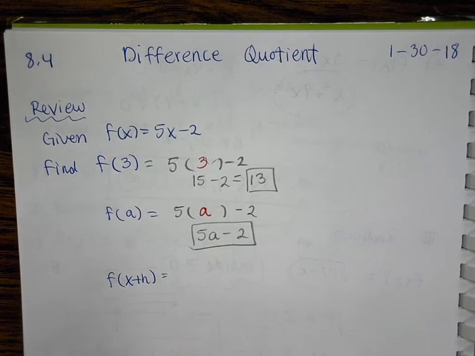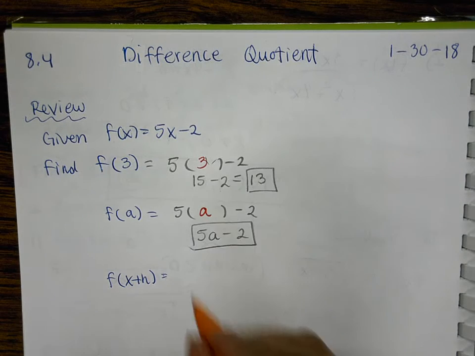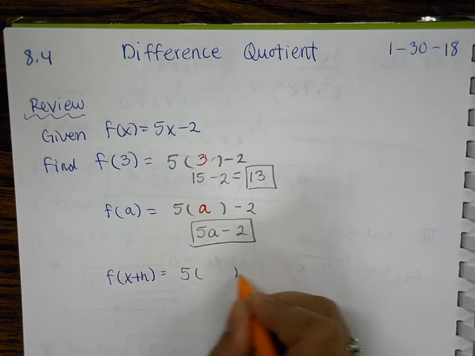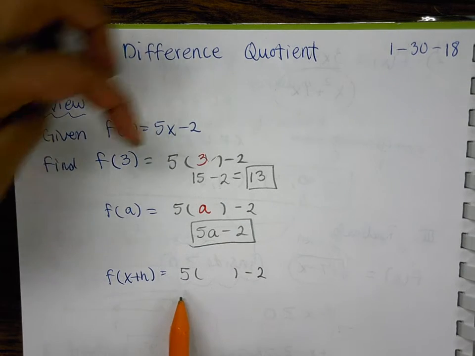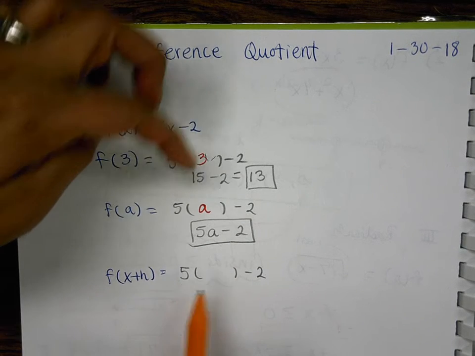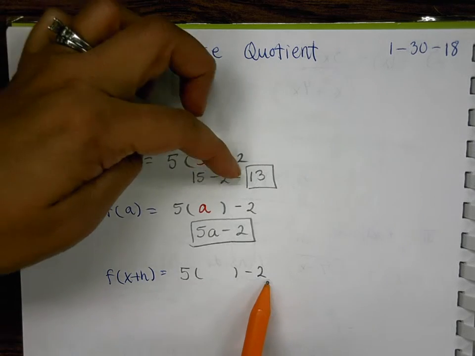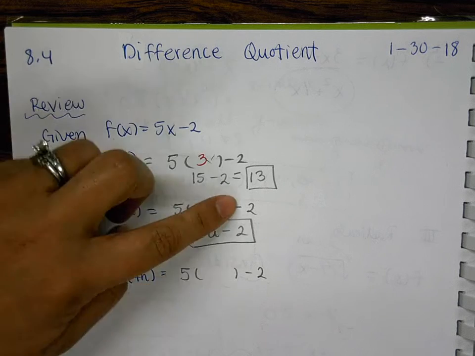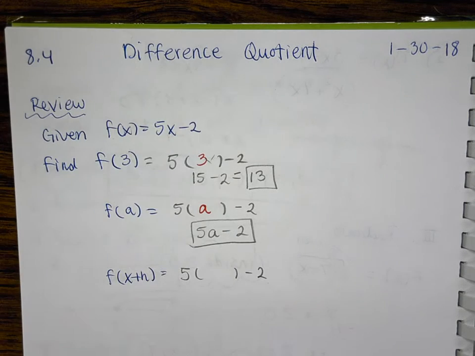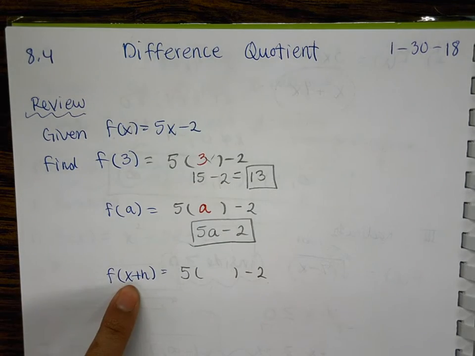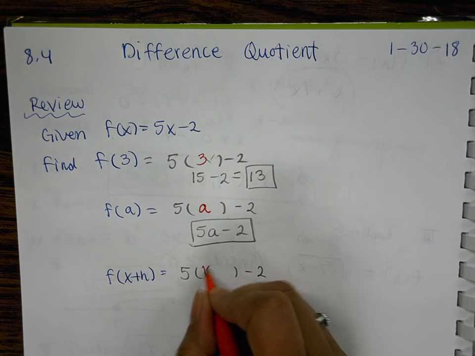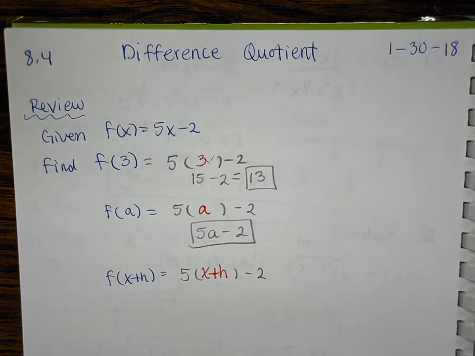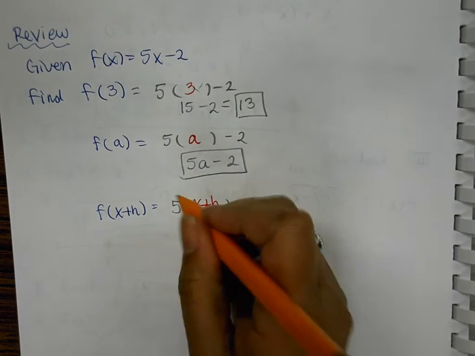Okay, what about f of x plus h? Same function. I'm still using my f function, 5 blank minus 2. Do you see how each one has a 5, a blank, and a minus 2? All right, now in this one, what goes in the blank? x plus h.